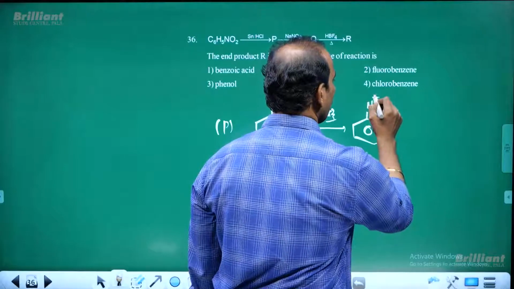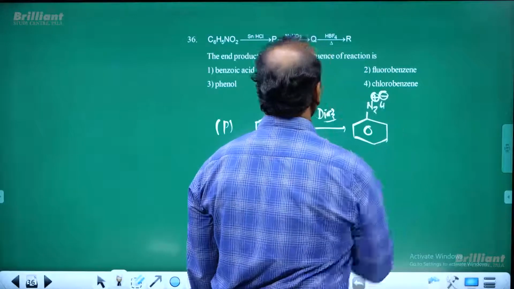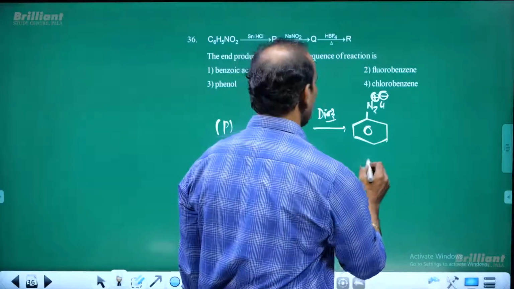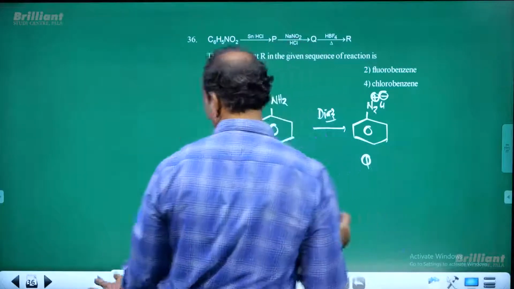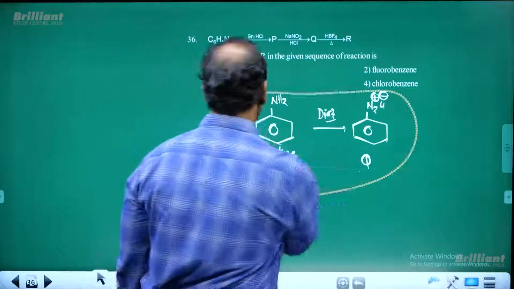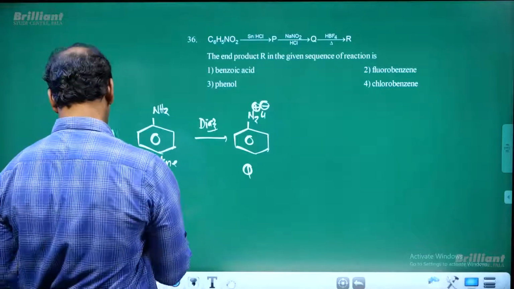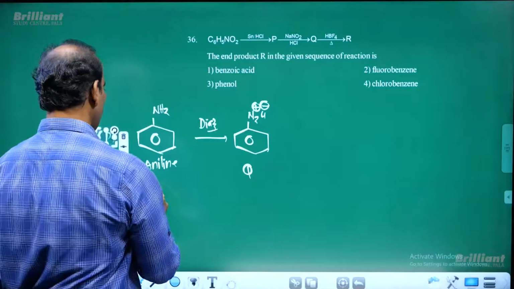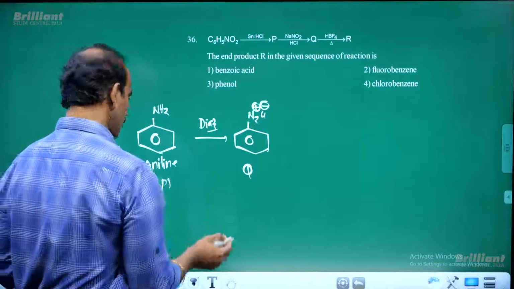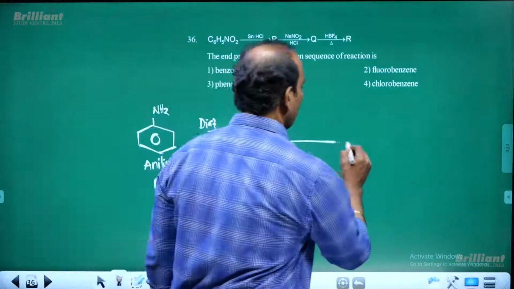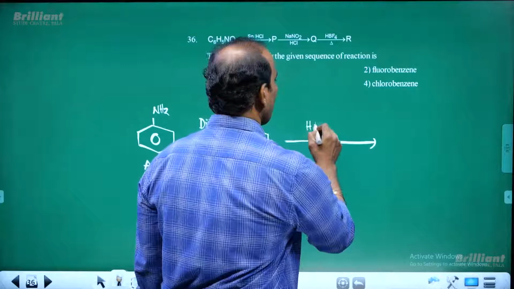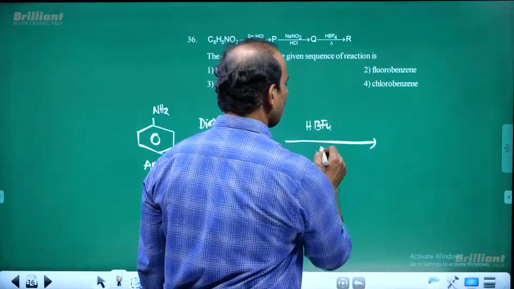N2+ Cl−. What is that? This is a diazonium salt. And then this is treated with HBF4 and heated.